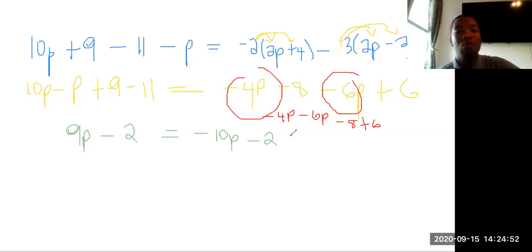Now I could start moving things on each side. All right. So since I'm trying to find p, I need to get all the p's on one side and everything else on the other side. So I have 9p. So I'm going to try and bring this negative 10p over here. In order for me to do that, I need to do the additive inverse and make this a plus 10p.